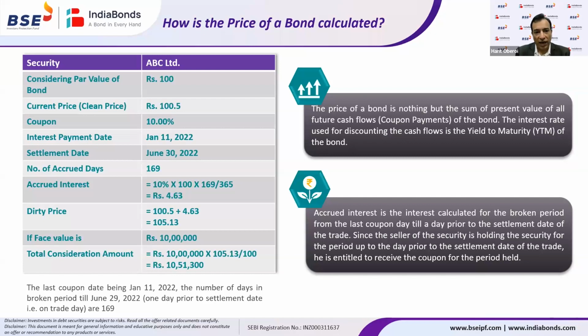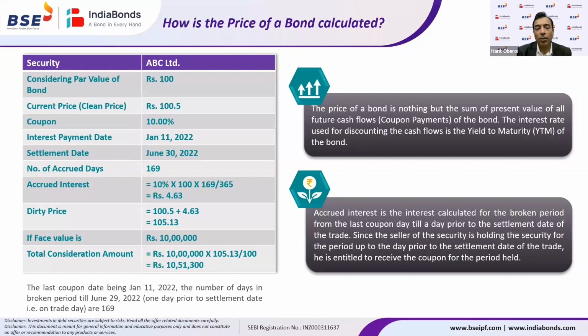For our case, a 100 rupee bond with 10% interest, at the end of the next interest payment, the issuer will pay 10 rupees of interest. Out of 10 rupees, 4.63 is the interest component which is for investor A, and investor B will earn the remaining component.